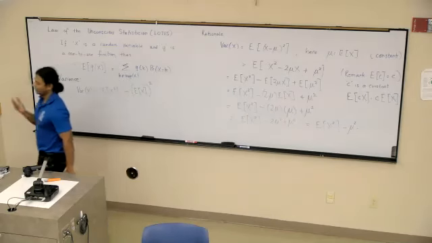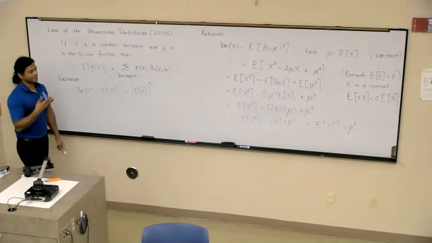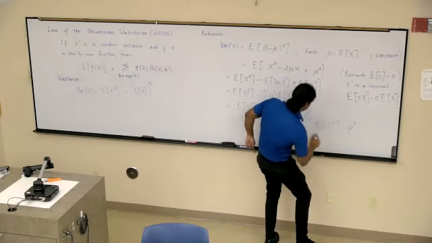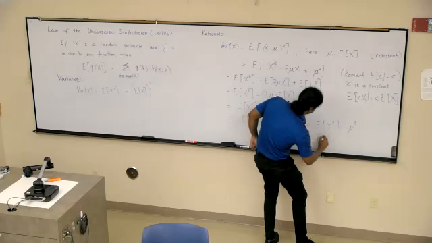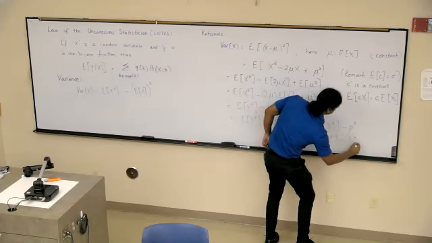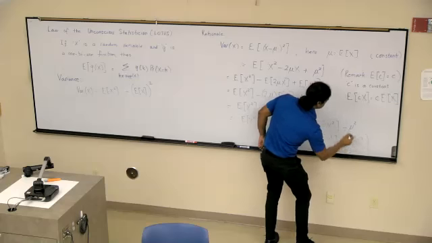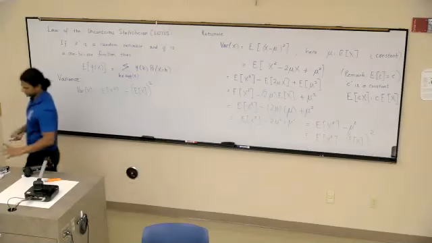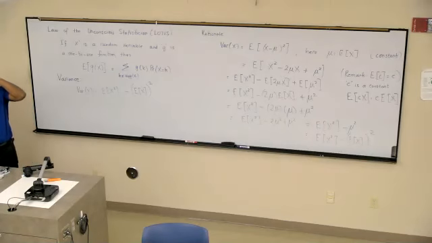But we know mu is simply the expectation of x. So I can rewrite this as expectation of x squared minus expectation of x, squared. Good.